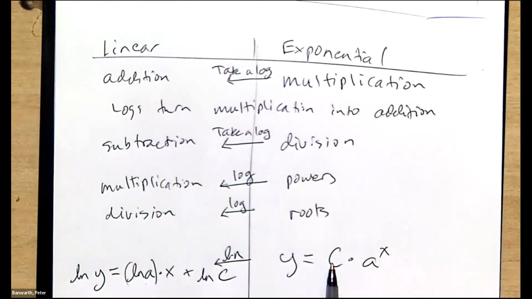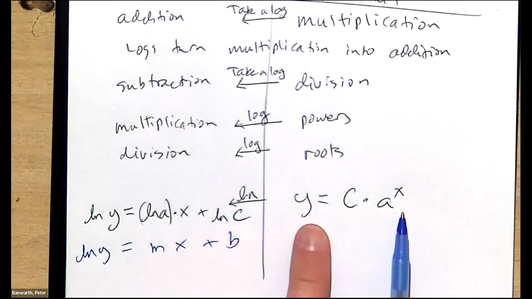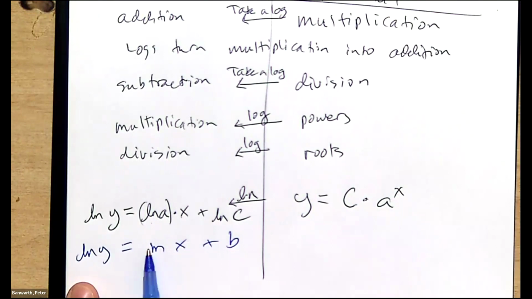What's the arithmetic between c and a right here? And when I take the log, it turns into addition. What's the relationship between a and x right here? And when I take the log, it turns into multiplication. So this is just a funky way of saying y equals mx plus b, only it's not y, it's the log of y. It's a little different, right? But it took an exponential with multiplication and powers and turned it into a linear with addition and multiplication.